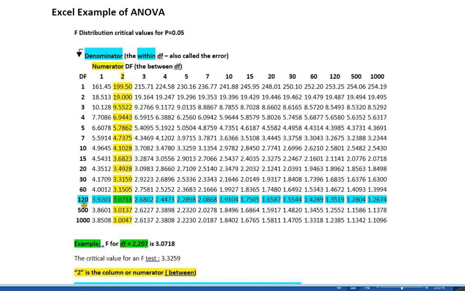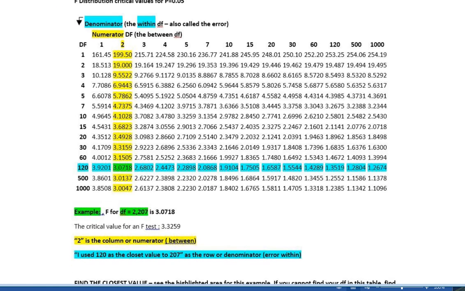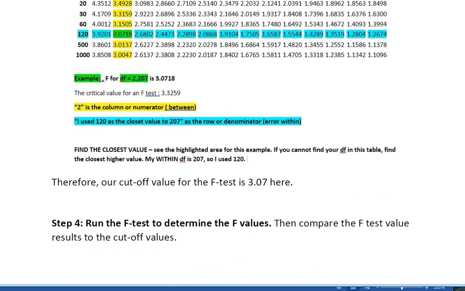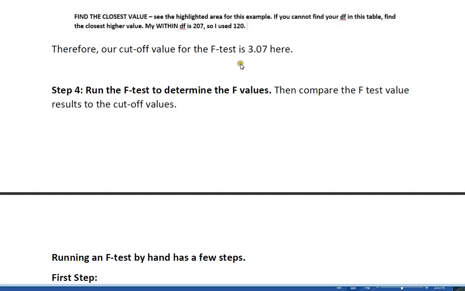They might have another value stuck in here, and so this value might be slightly different. And that just simply happens depending on the table you're using or the textbook you're referencing. All right, now we have our critical value, but now we need to see what our f-test result is. So again, we know our cutoff for the critical region is 3.07.